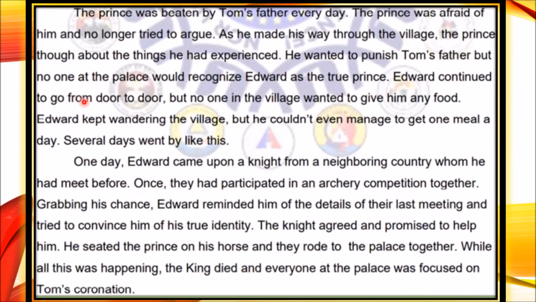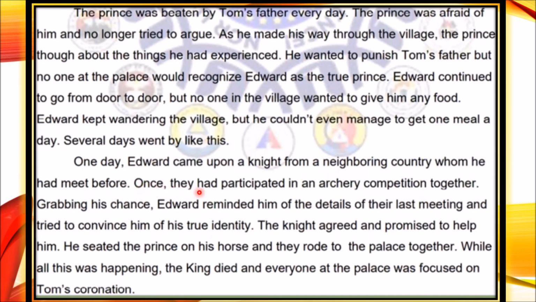Edward continued to go from door to door, but no one in the village wanted to give him any food. Edward kept wandering the village, but he couldn't even manage to get one meal a day. Several days went by like this. One day, Edward came upon a knight from a neighboring country whom he had met before.